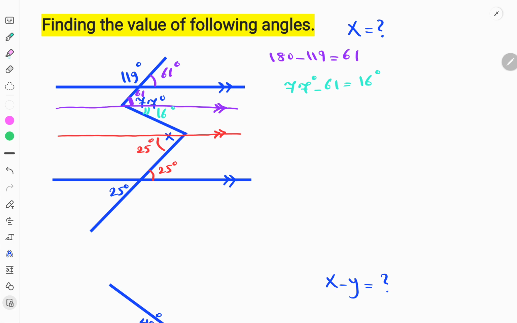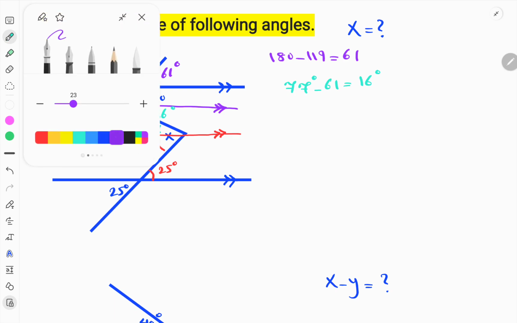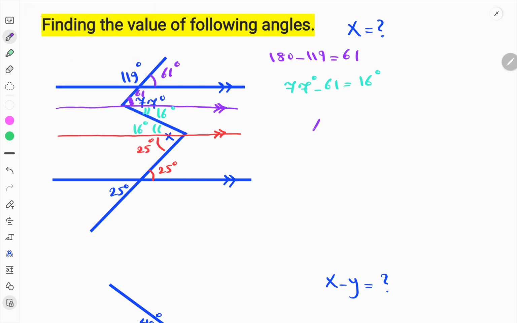Okay, and last but not least, this angle and this one are two alternate angles and they are equal as well. So here is 16 degrees. Okay, so you can find the value of x very easily. 16 plus 25 degrees give us 41 degrees for angle x.